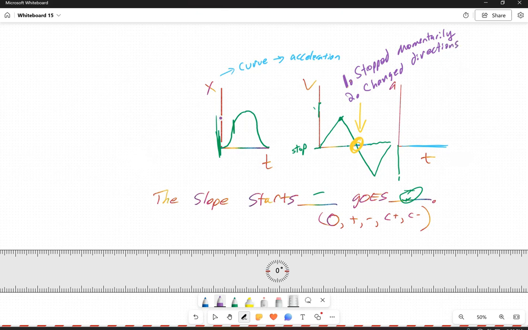What does changing directions look like on a position versus time graph? Actual change in direction. Good. It's that point right there where we change directions. In physics, we just keep it simple. Change in direction. So we were going up, but now we're going down.